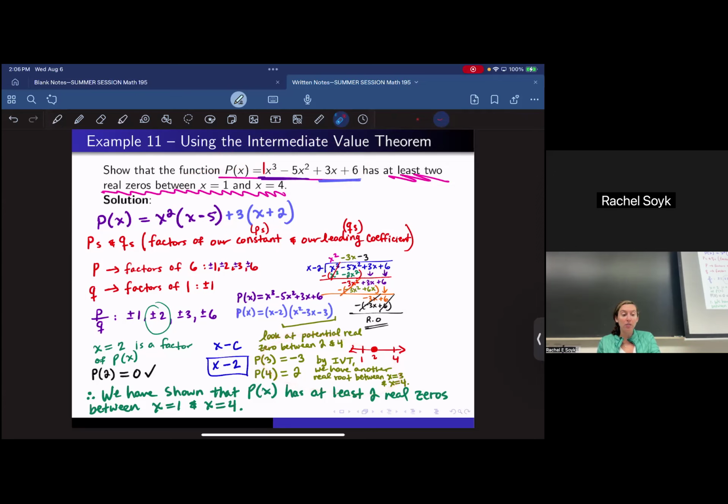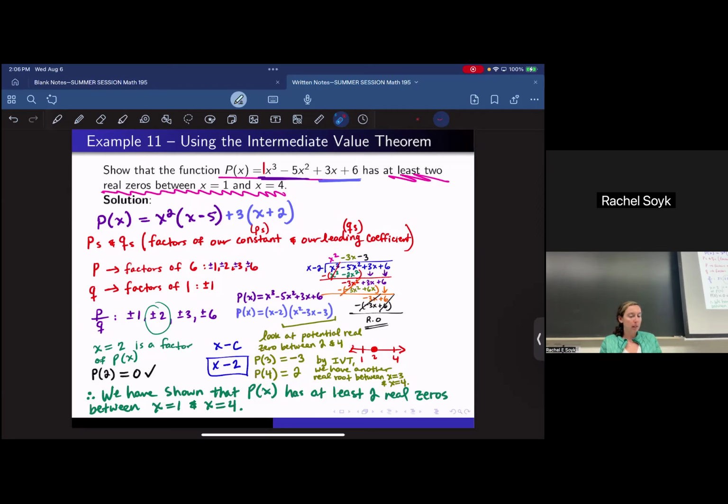It went from positive to negative from x equals 1 to 2.5, and then you did another one from x equals 3 to 4, just like we did here. Then you'd be like, oh, we have two changes. It went from positive to negative, and then over here it went from negative to positive. So we know that there is a real root between 1 and 2.5, which happens to be 2. And then we have another real root between 3 and 4. So therefore, we've shown that p of x has at least two real roots between 1 and 4.